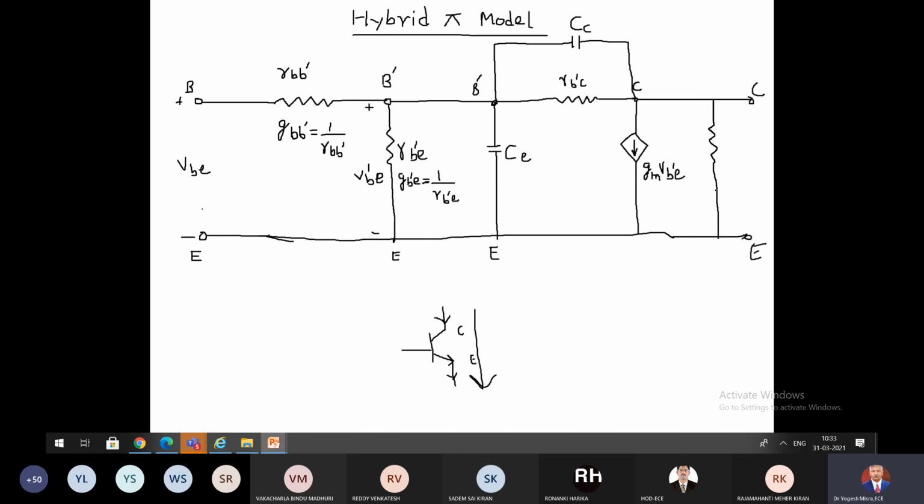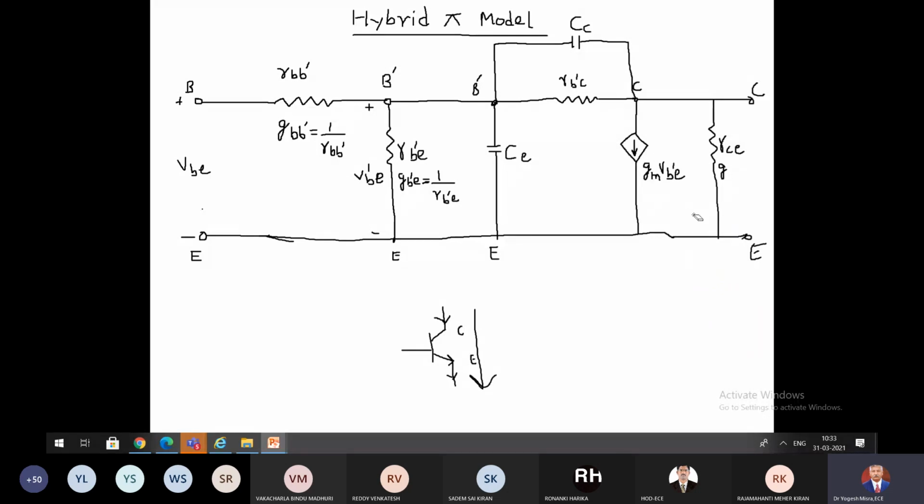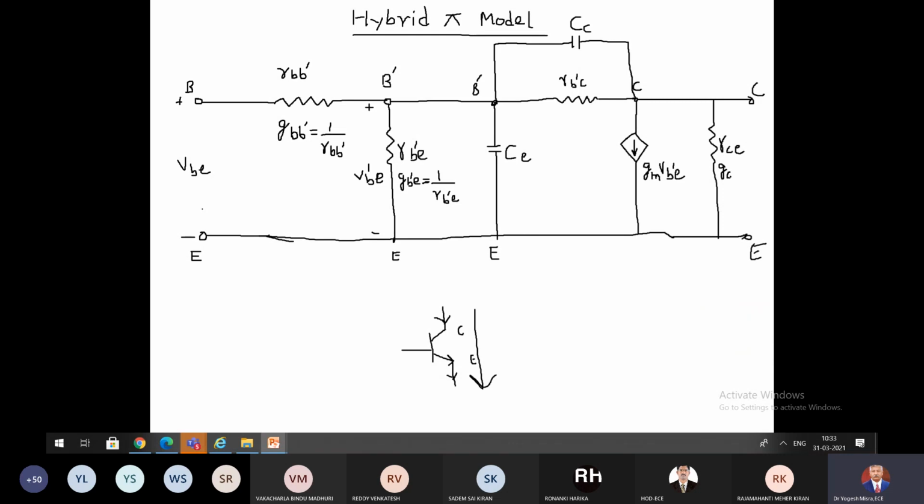So here this is the current source, and there is a resistance between collector and emitter that you can draw here. This is RCE, and this can also be represented in terms of conductance as GCE is equal to 1 by RCE.